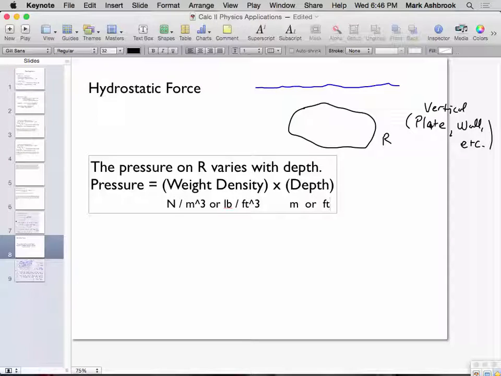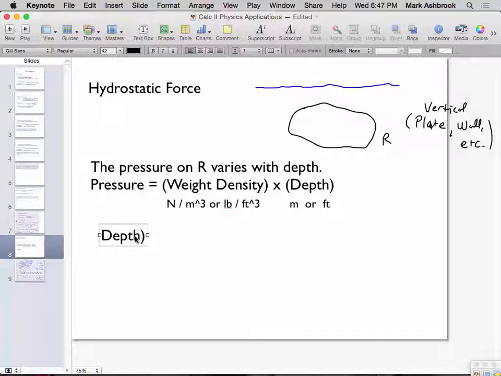So what are we saying? So P equals rho D. So that's basically what that's saying.